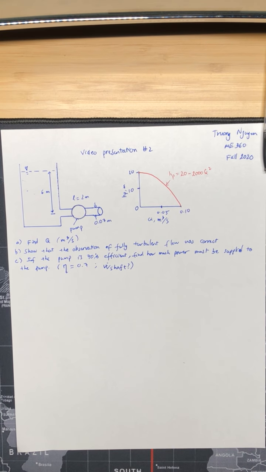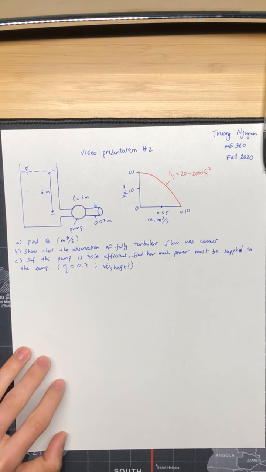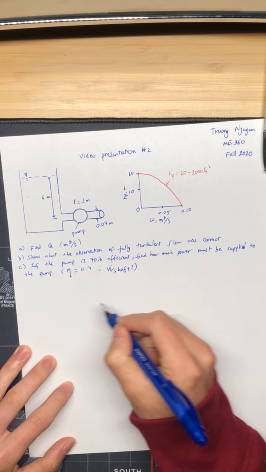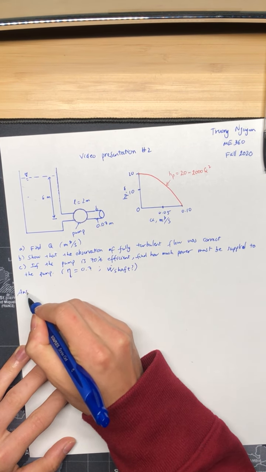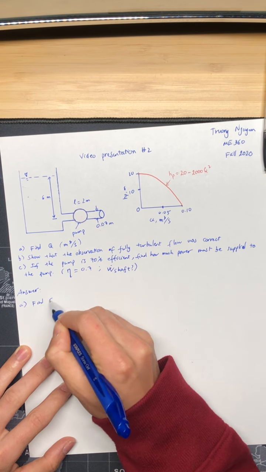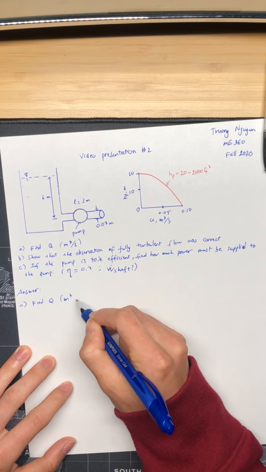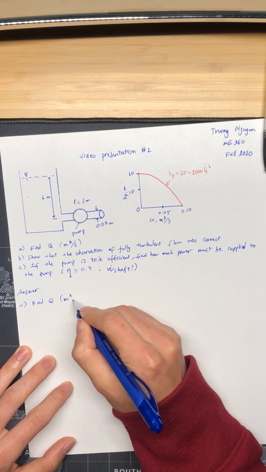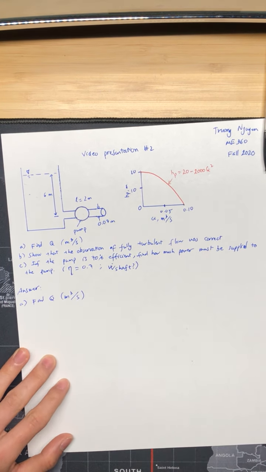Okay, first things first, for part A, find Q in meters cubed per second.